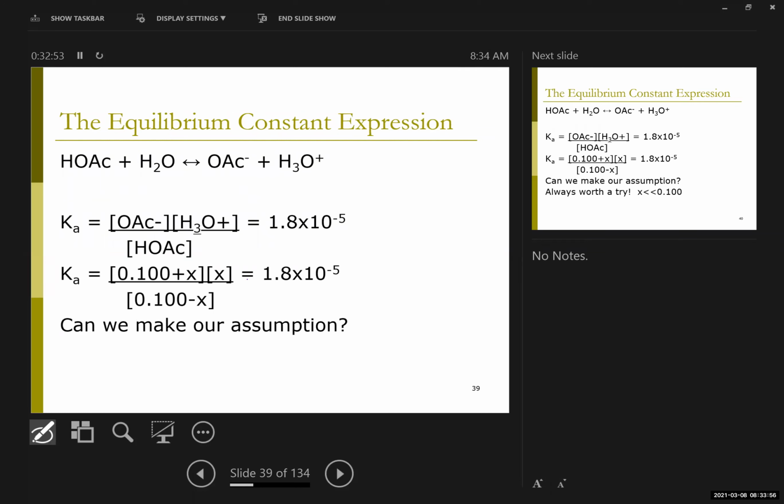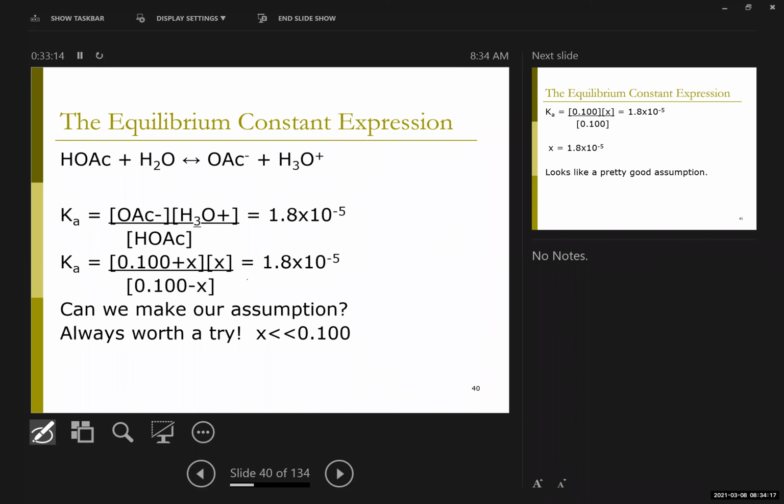Right? And so it's still 1.8 times 10 to the minus 5. Again, I could solve it as a quadratic. I could plug it into good old Wolfram Alpha. I could plug it into my graphing calculator, but you know me, it's always worth trying my simplifying assumption.